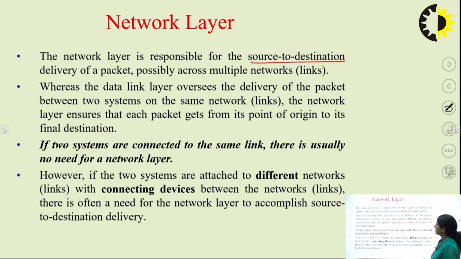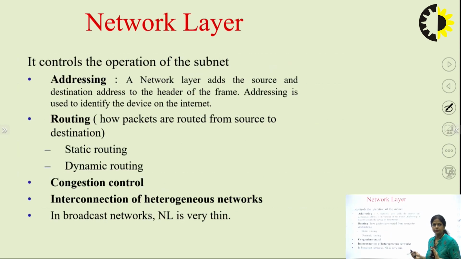Whereas we have seen the data link layer oversees the delivery of the packet between two systems on the same network. The network layer ensures each packet gets from its point of origin to its final destination. If two systems are connected to the same link, there is usually no need of a network layer, right? In that case, the network layer is not required.